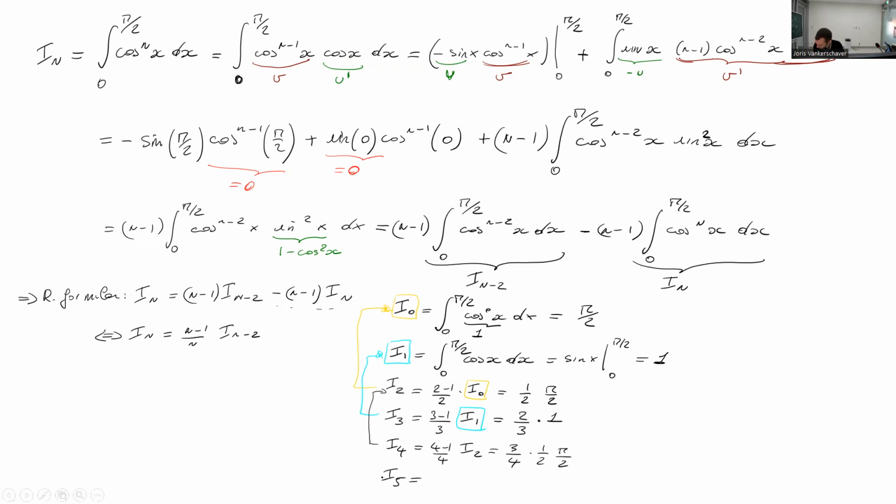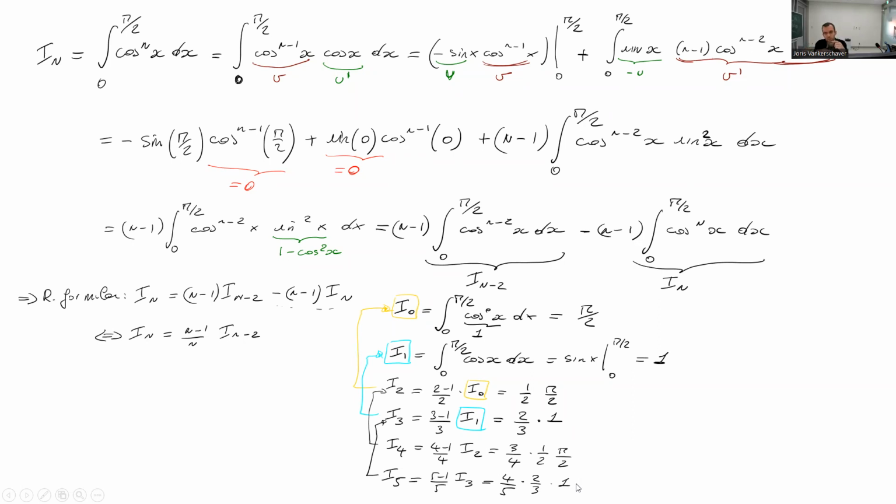And what is I5? So for I5, I'm going to have to use I3. And I get 5 minus 1 over 5 times I3. So 4 divided by 5 times 2 divided by 3 times 1 if you want. And that gives me I5. And you can see, again, we don't have an exact formula for I_n where I can give you a prescription to calculate I_n.